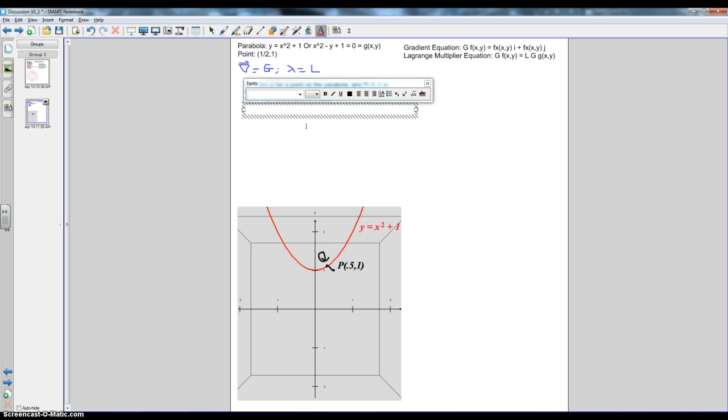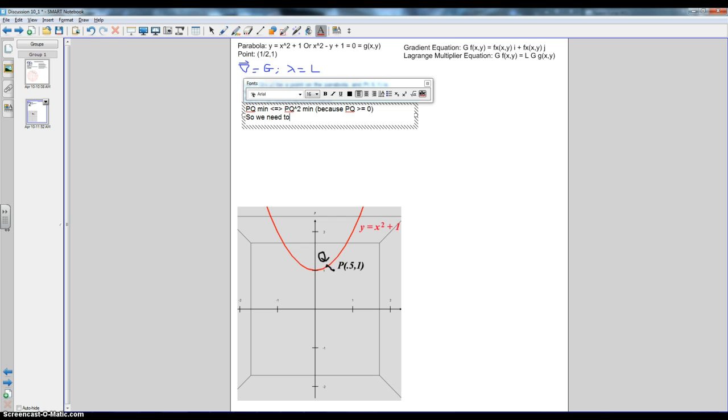It means we need to find PQ minimum. PQ is minimum if and only if PQ squared is minimum, because PQ is larger than or equal to 0.